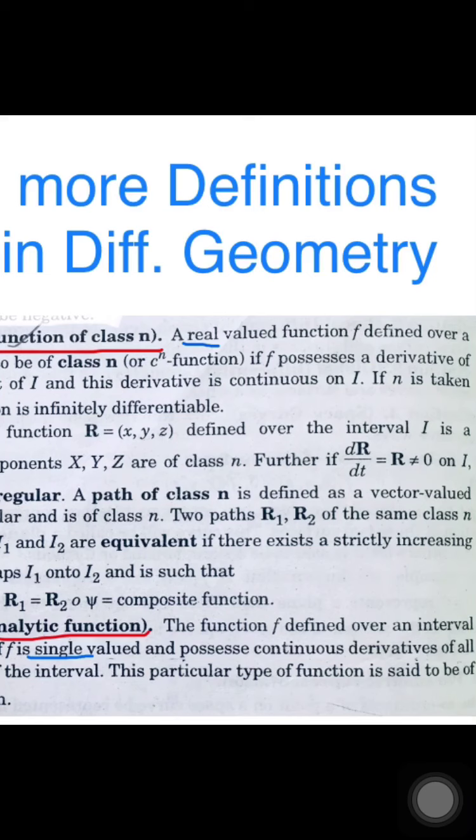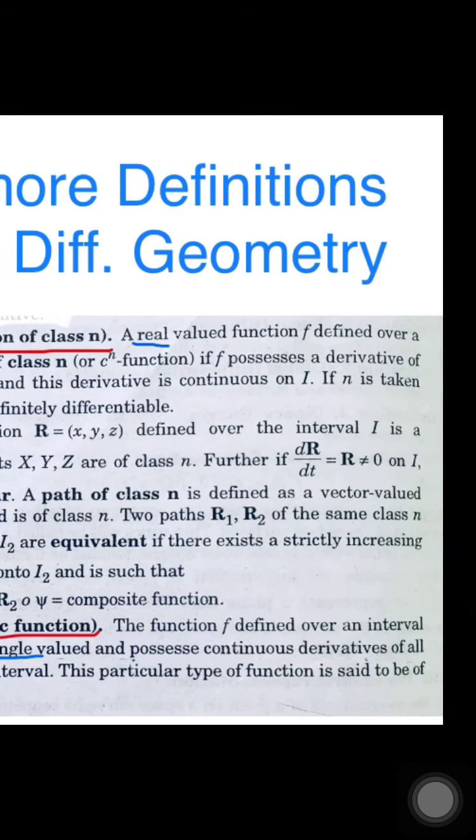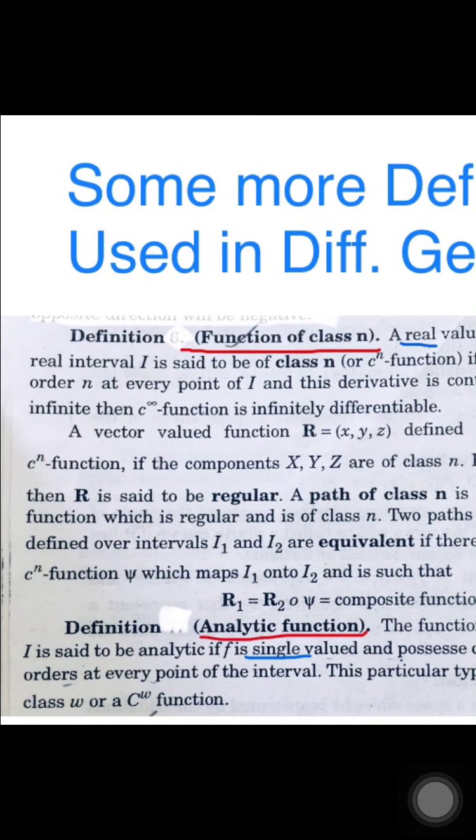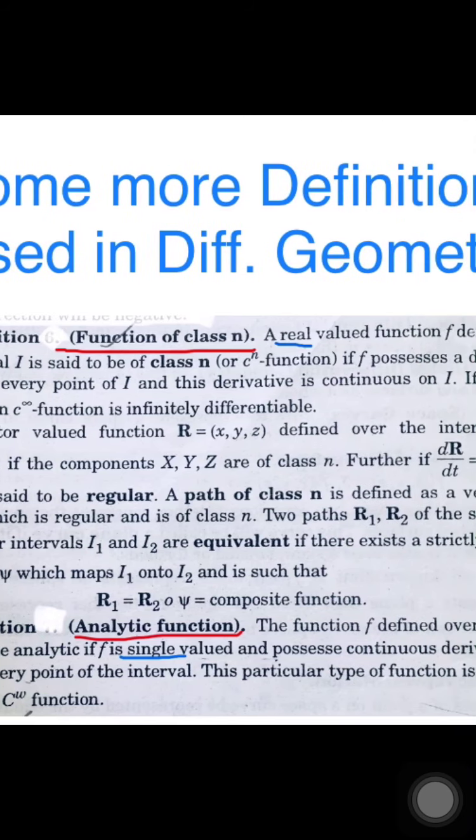Now we come to a path of class n. Any path of class n is defined as a vector valued function, whereas earlier we took a real valued function. Here it is a vector valued function which is regular and of class n. Then it is known as a path.